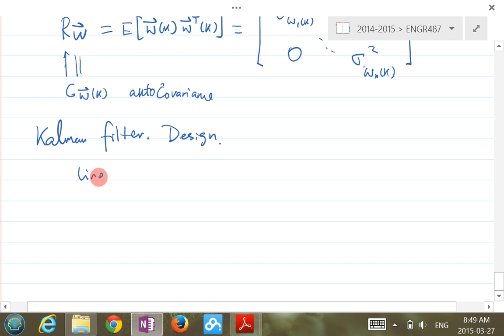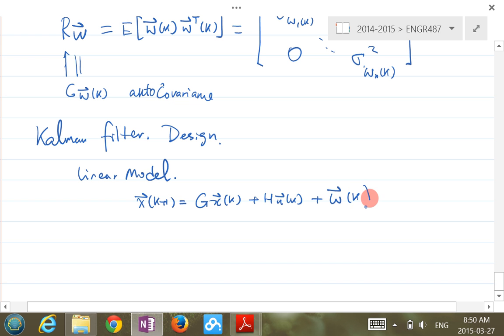We're dealing with a linear system, a linear model. The state equation is this. The output equation originally is this, and now we have this one here.